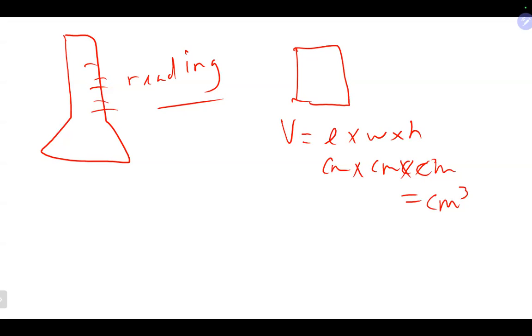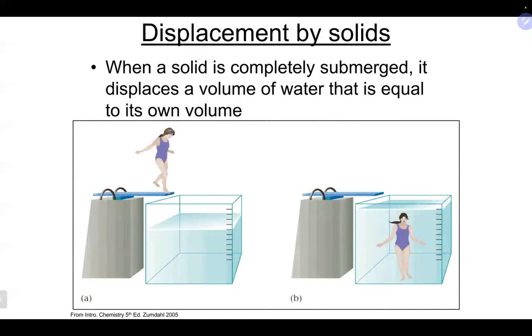The third very common way that we get a volume, especially dealing with density, is volume by displacement. Volume by displacement is the idea that you take a container and fill it up with a liquid like water, and you take an initial volume reading, and then you take a solid and dump it in there.